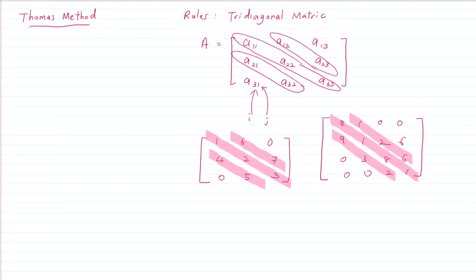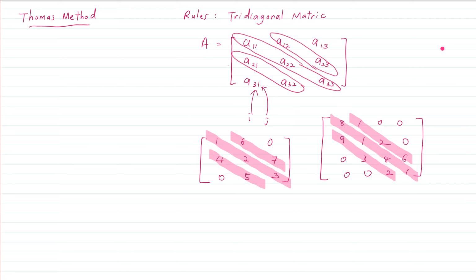So sorry, this one is 0. The rest must be 0. If it doesn't fulfill these rules, we cannot solve the system of linear equations using the Thomas method.